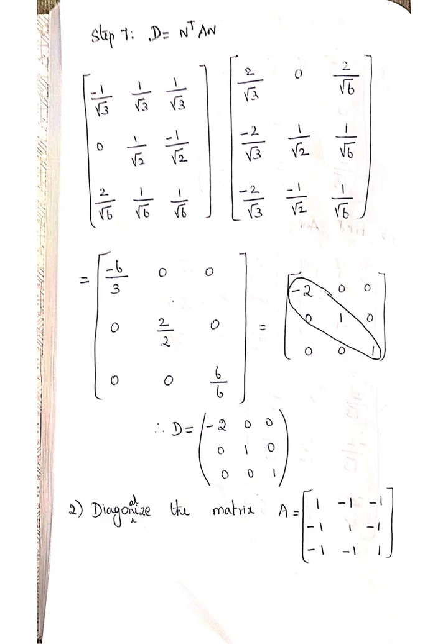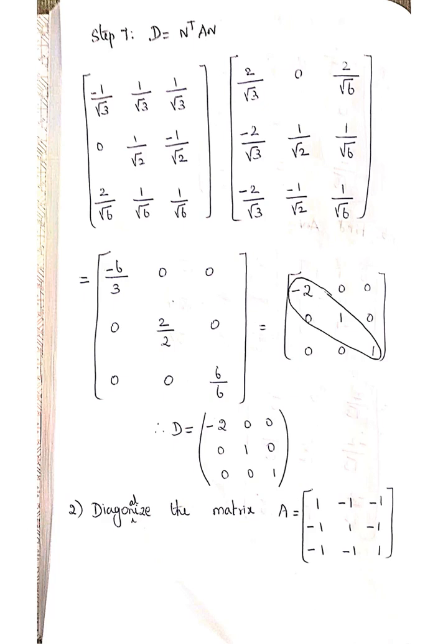We have the N transpose value: minus 1 by root 3, 1 by root 3, 1 by root 3. The second row becomes 0, 1 by root 3, minus 1 by root 2. The third row becomes 2 by root 6, 1 by root 6, 1 by root 6, which is multiplied with A into capital N. A into capital N is 2 by root 3, 0, 2 by root 6, minus 2 by root 3, 1 by root 2, 1 by root 6, and minus 2 by root 3, minus 1 by root 2, 1 by root 6.